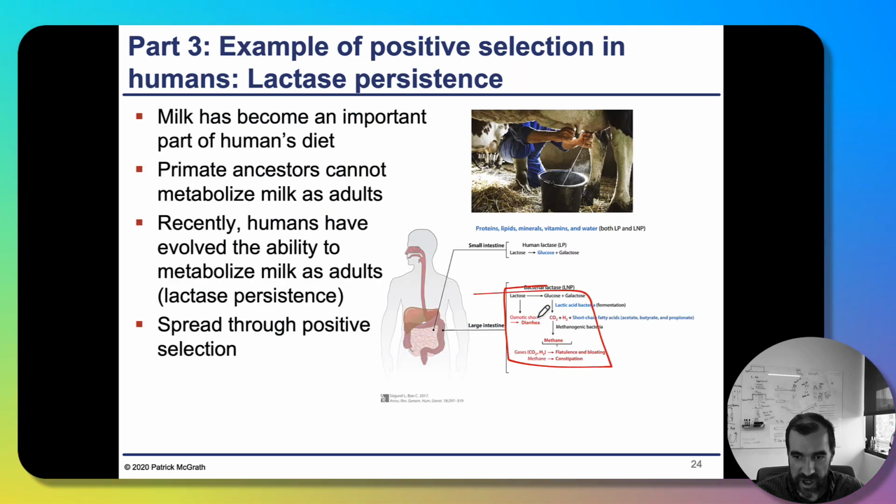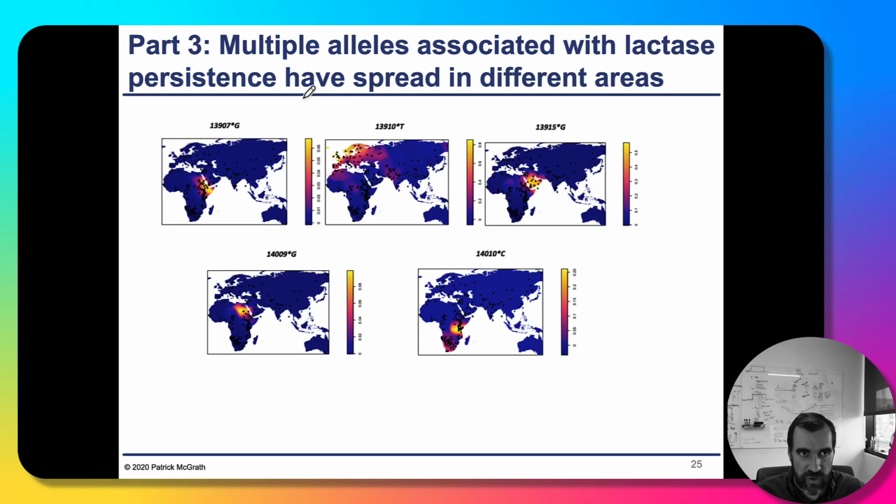Not only does this cause these side effects, but importantly, what's thought to be important for the spread of lactase persistence is the fact that you can acquire the calories from cow's milk as an adult.